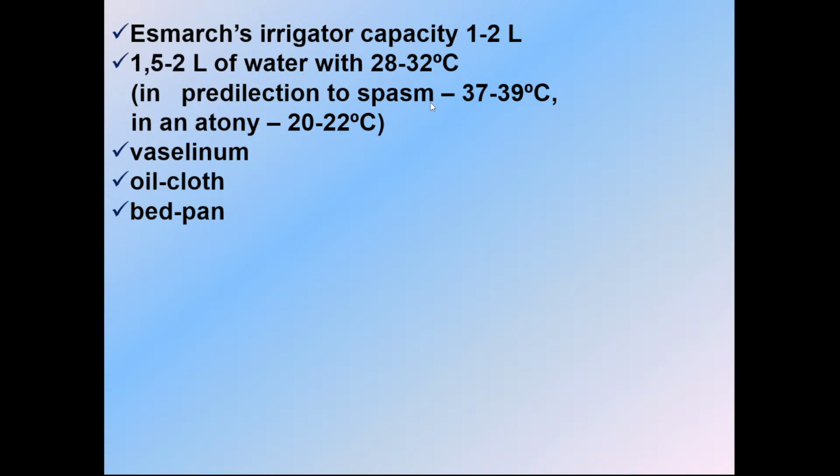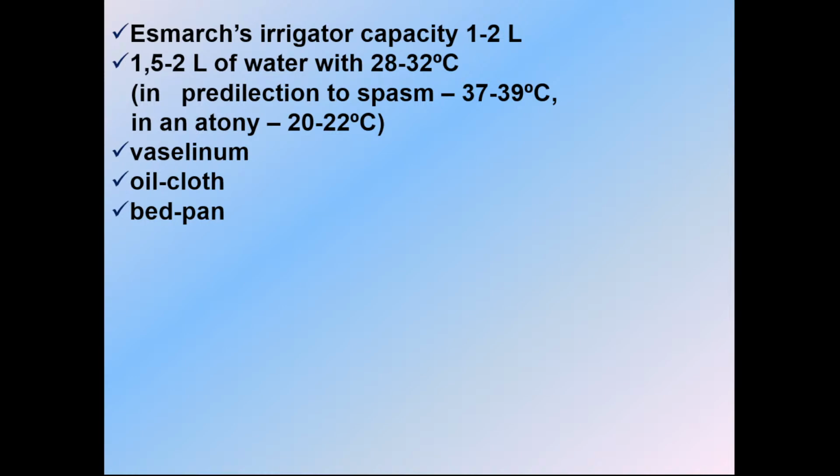If the patient is predisposed to spasm and periodically feels severe spastic pain in the abdomen, we take warmer water, slightly more than the temperature of our body, from 37 to 39 degrees Celsius. In the opposite condition, when the intestine loses motor activity and is predisposed to atony, we take colder water, nearly room temperature, 20 to 22 degrees Celsius.